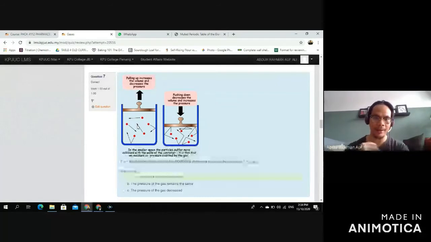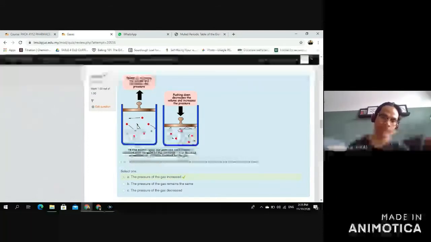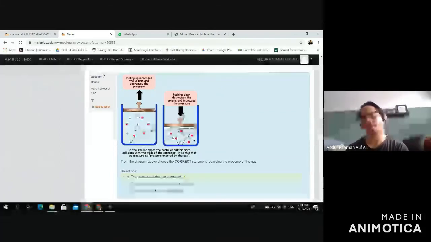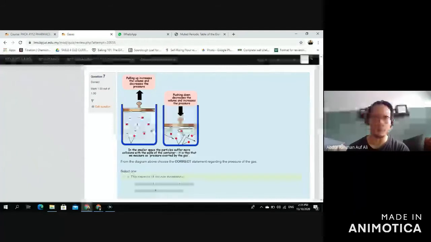So when there are a lot of space for them to move around, less pressure will be exerted. Tetapi kalau kita reduce that volume, as you can see from the picture on the right hand side, dia akan ada less space for it to move around, so dia akan bump on the wall, on the piston kat atas, kat dinding kat bawah dengan lebih banyak.